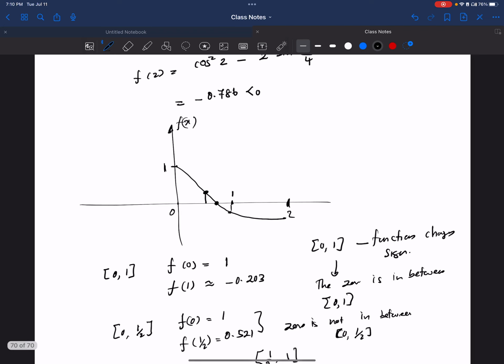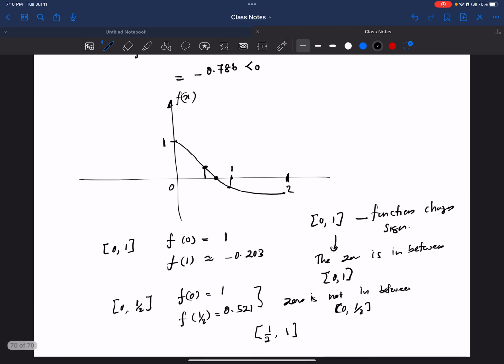So now we figured that this is half, so the 0 is in between these two regions, right there. So I take the region half to 1. You definitely know that the sign changes, and then we look at the midpoint of that. The midpoint is 3/4, and we take f of 3/4.